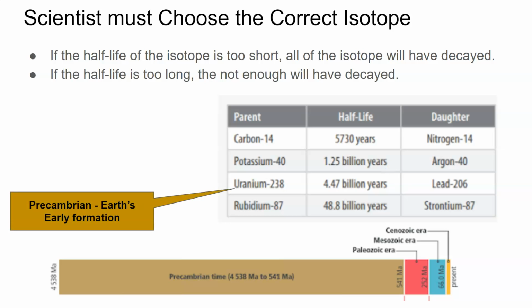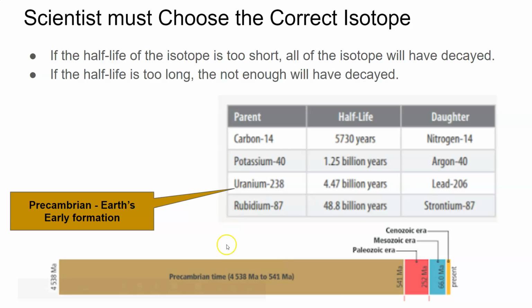You want the half-life of the isotope to be not too short and not too long. If you look at this table, you see there's carbon-14, potassium-40, uranium-238, and rubidium-87. They all have different half-lives. Carbon-14's half-life is 5,730 years, whereas uranium-238's is 4.47 billion years, okay?